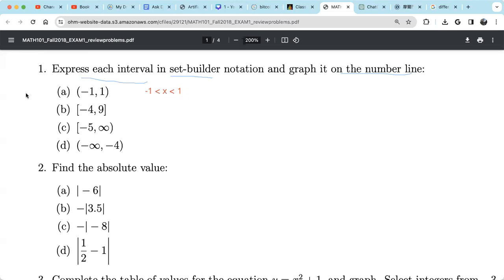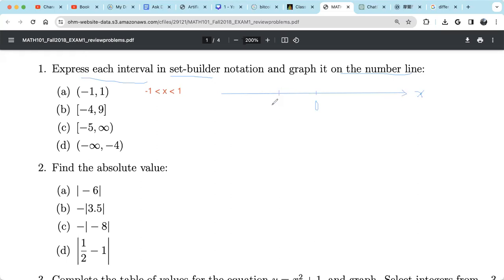And to draw this solution set on a number line, we draw a line. Then we mark an arrow. Basically this is like an x-axis, the real number line. Then we mark a 0 somewhere for our convenience. For this one, I can draw 0 in the middle because I only have to mark -1 and 1.